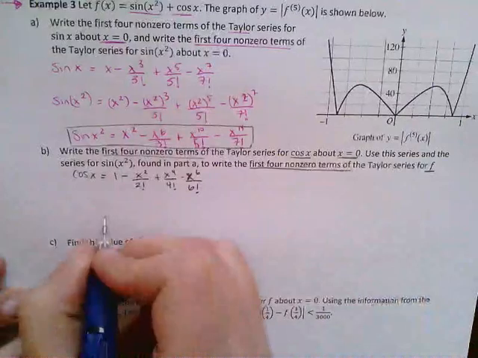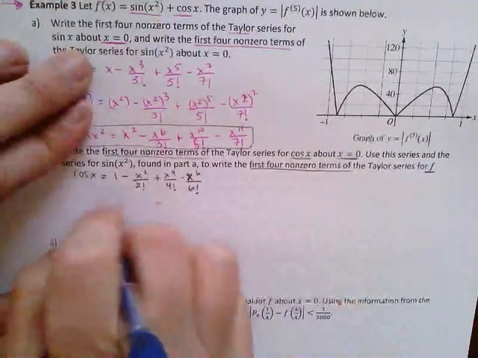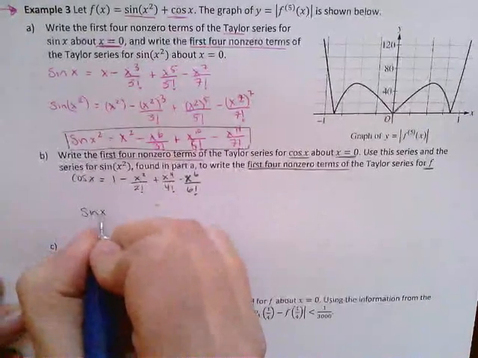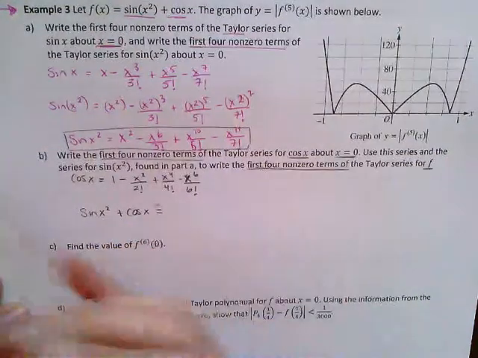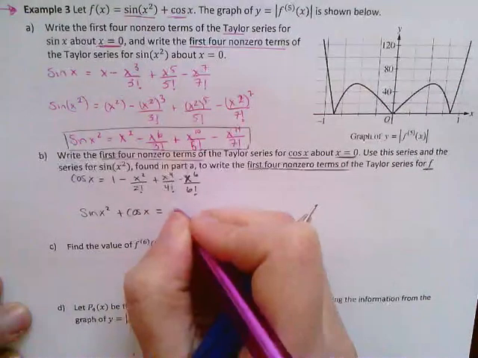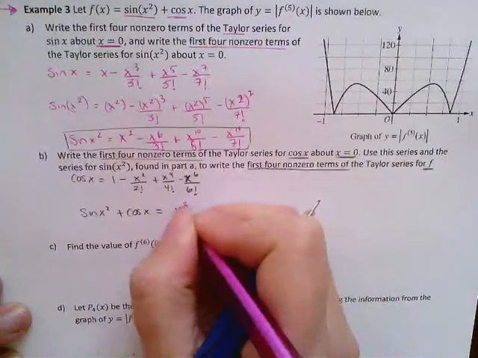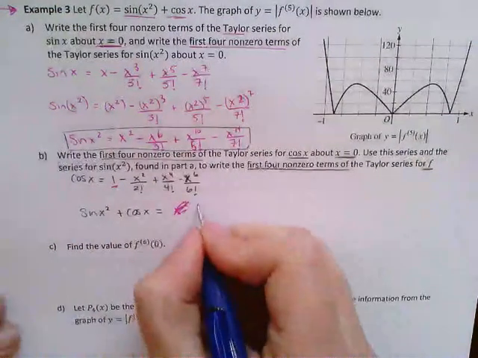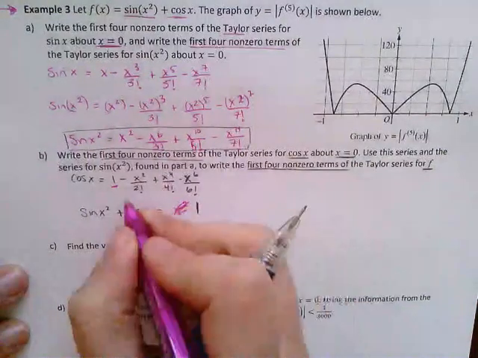And now, basically, I want to add the two up. So we're going to do our sine of x squared plus cosine of x so that we can get our f. So sine of x squared was x squared. Well, actually, scratch that. I should start with this 1 because it has to be from lowest in ascending order, right?